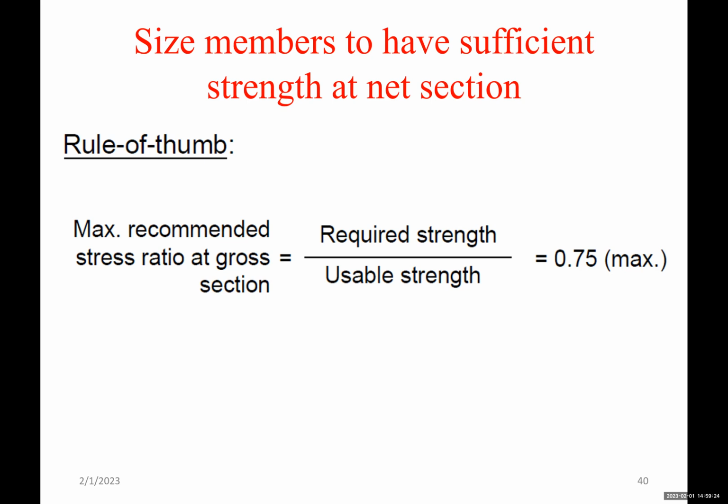The maximum recommended stress ratio at the gross section, the required strength divided by the usable strength, equals 0.75 maximum. If you use that, then mostly the net section will be okay.